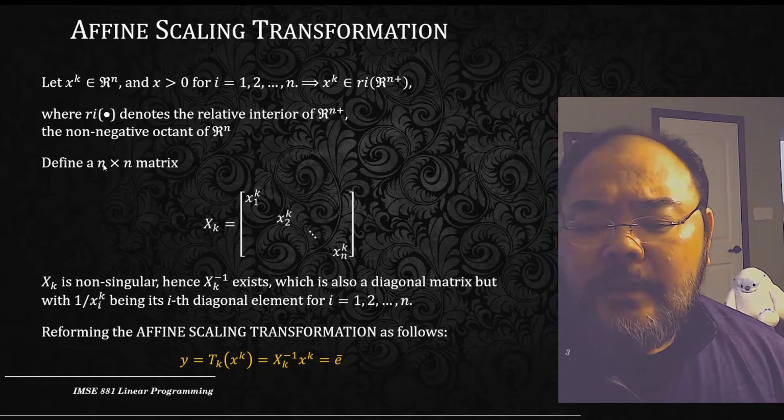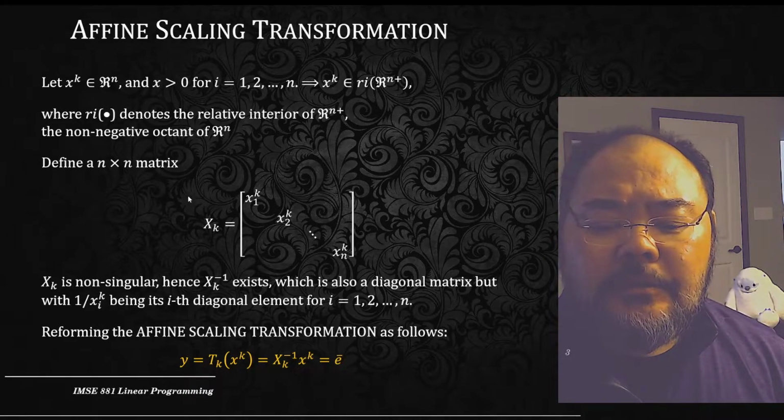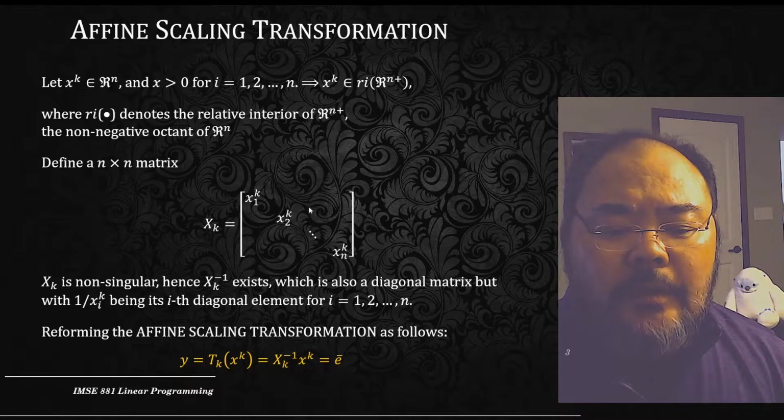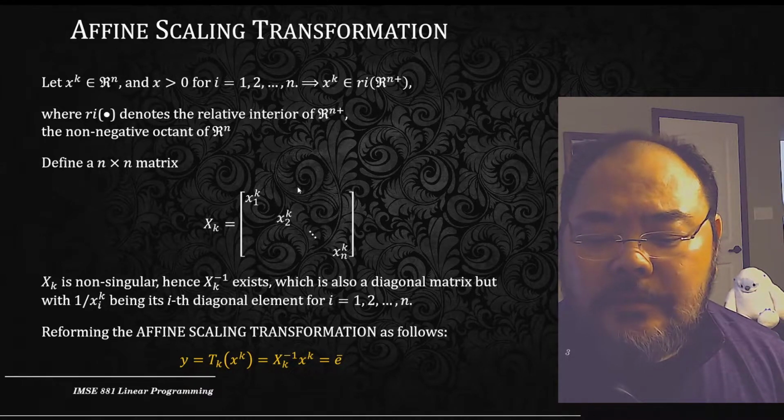We define an n by n matrix, we'll call it capital X sub k, whose diagonal equals each one of the elements from x sub k. The off-diagonal entries are all 0.